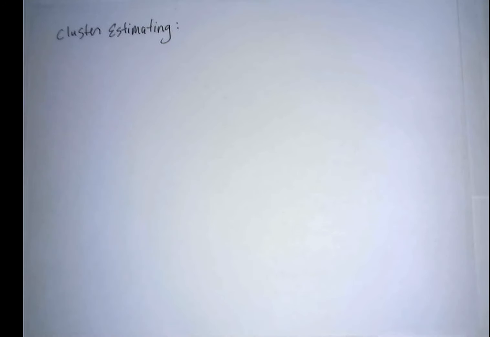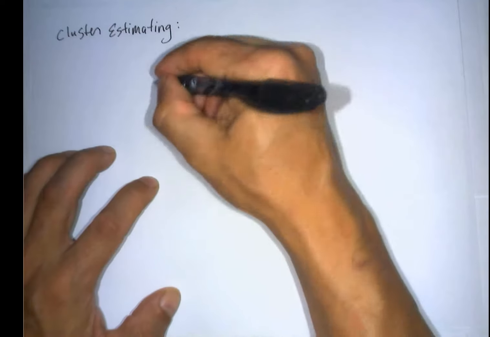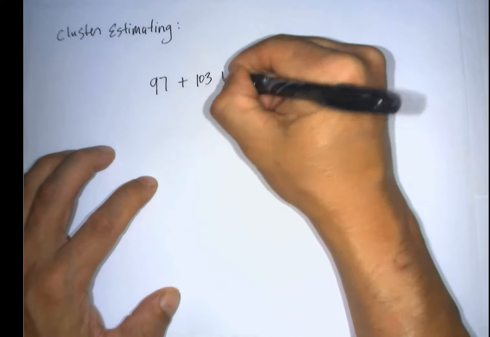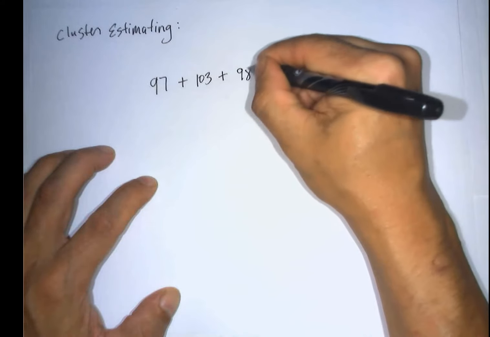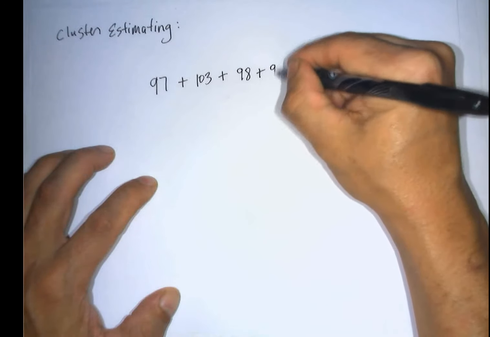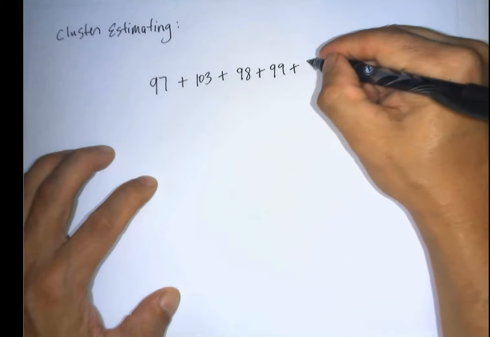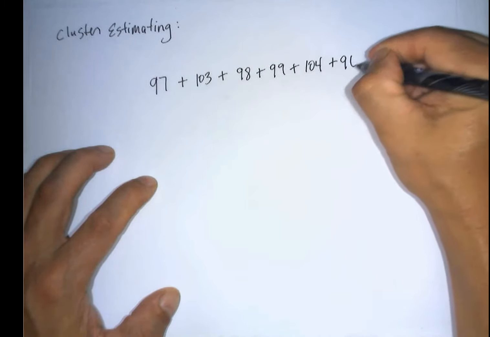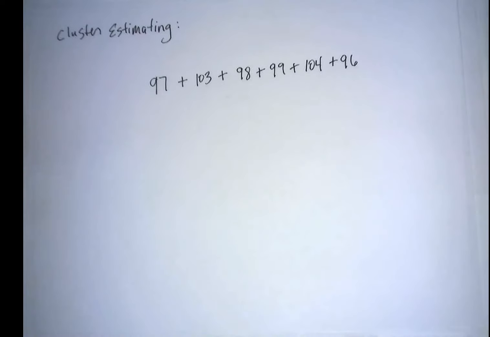Let's say we're going to add 97 plus 103 plus 98 plus 99 plus 104 plus 96. Now, if you look at all these numbers, they're all pretty close to 100.